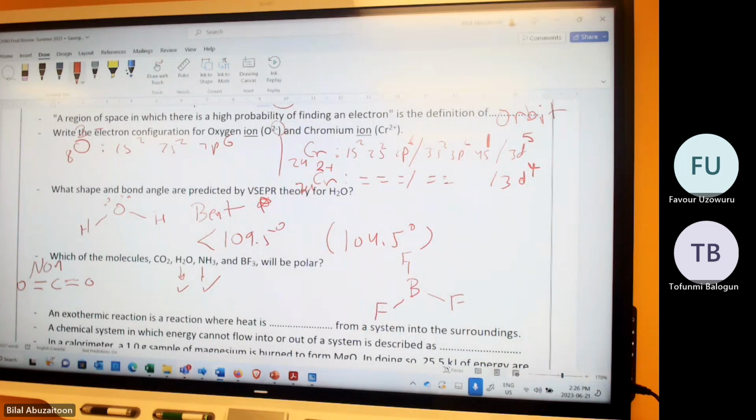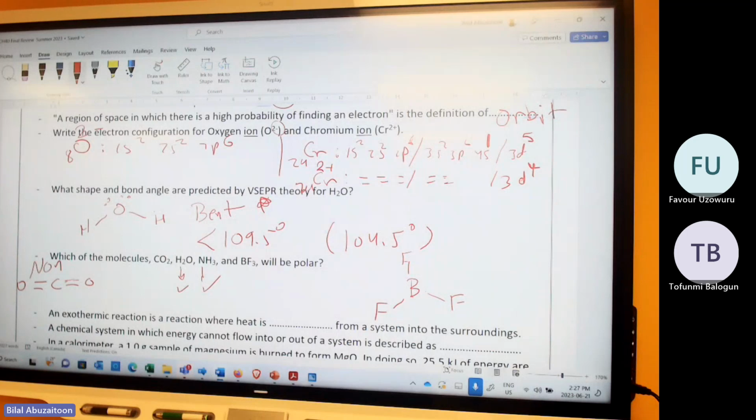BF3 is trigonal planar, or planar triangle. So BF3 is trigonal planar, okay? When the outer atoms are identical, it is non-polar.